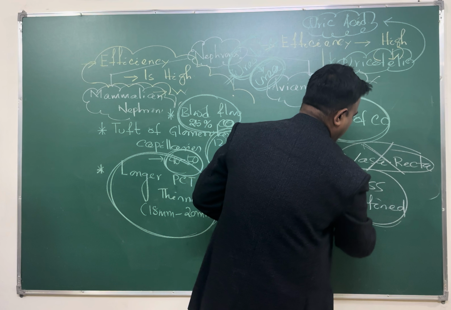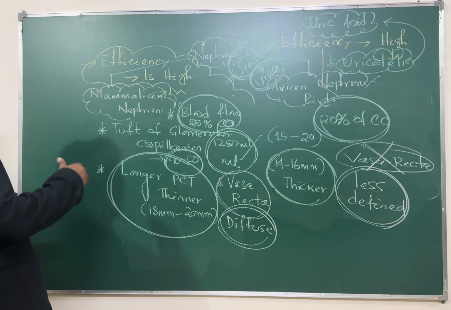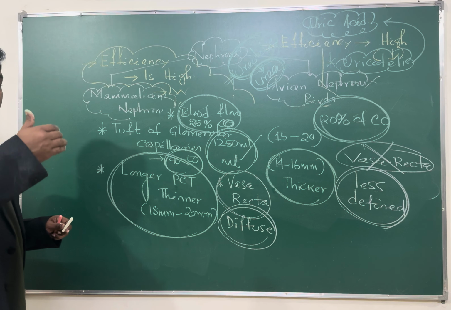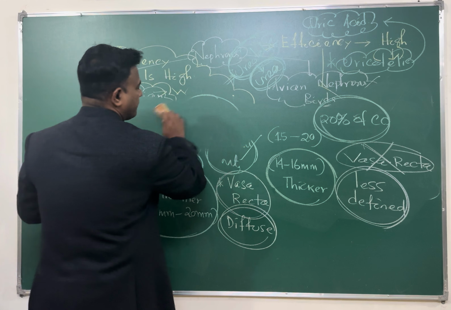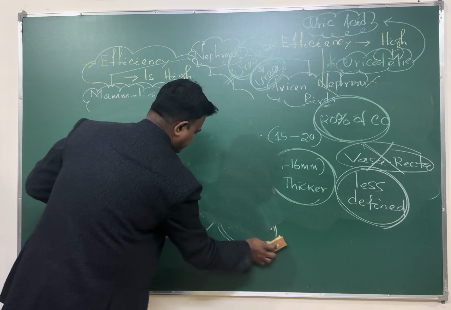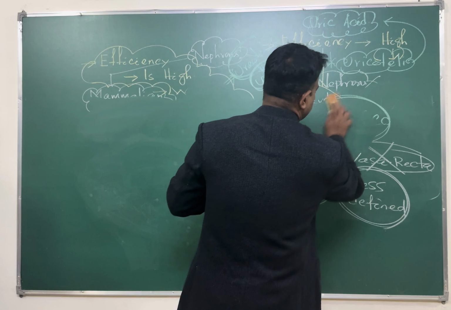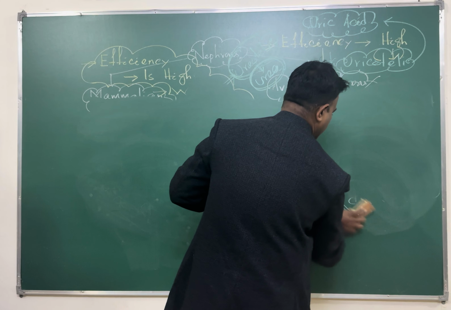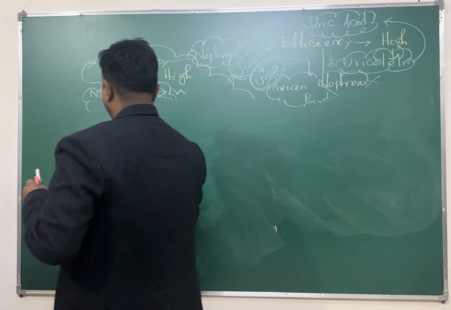So this makes another point where these mammalian nephrons are specialized compared to the avians. Next, three more dynamic points. This makes the mammalian kidney or mammalian nephron a little bit more efficient.